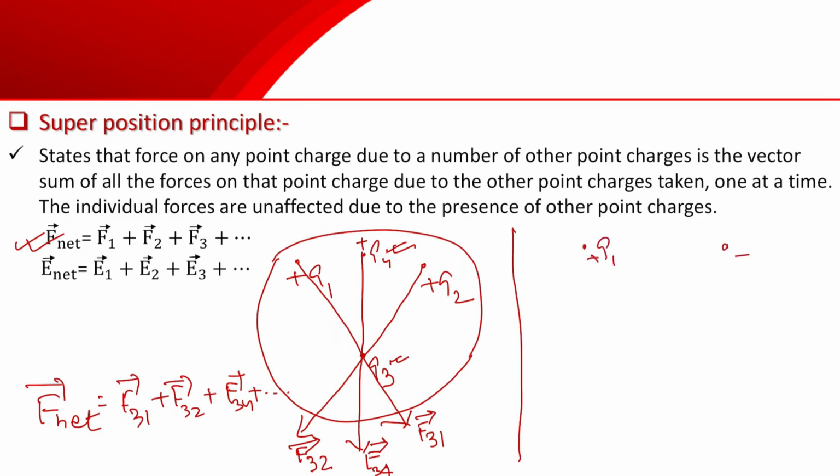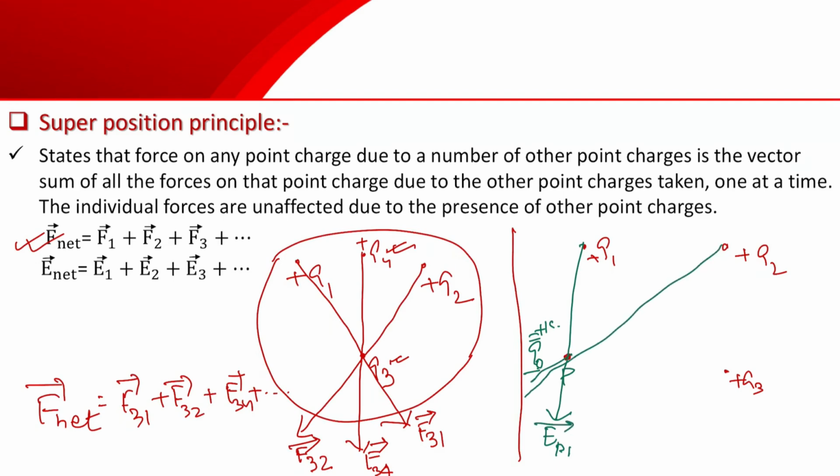So let here it be plus Q1 charge, here plus Q2 charge, and here plus Q3 charge, and at this point, let this point be P, we have to find the electric field intensity. Then here we can put a test charge Q0, equal to plus 1 coulomb. So at P, the electric field intensity due to Q1 will be in this direction, and it is EP1.